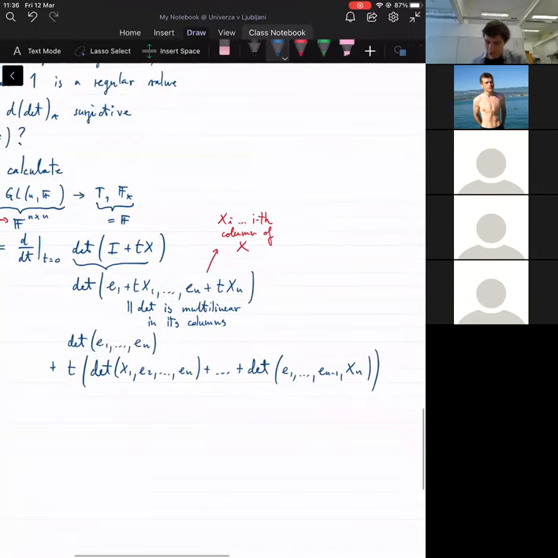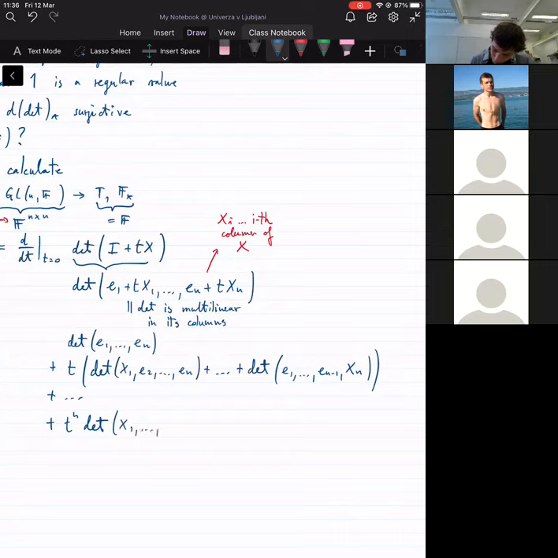This is by taking all of the expressions that only have one t in them. Then we have a bunch of terms in between that we don't know how to say anything about, and in the end we also have t to the power of n times the determinant of (x1, dots, xn). This det of I plus tX is nothing but this expression.